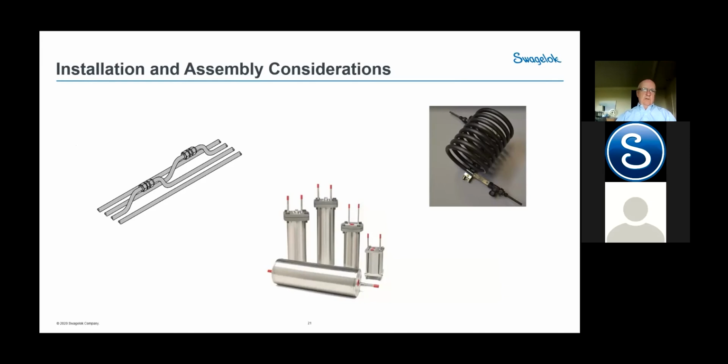Well, there are three ways of doing connections: welding, flanges, or tube connectors. The thing is that at higher pressures and temperatures, or even low pressures and temperatures, welding is preferred. You go into a plant operation, how many welds do you see leaking? Zero.